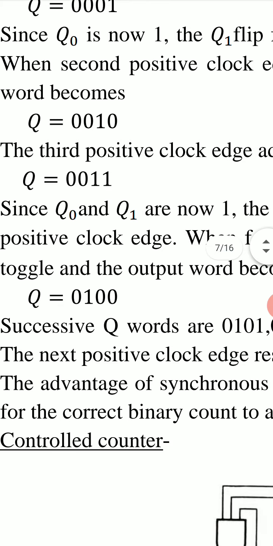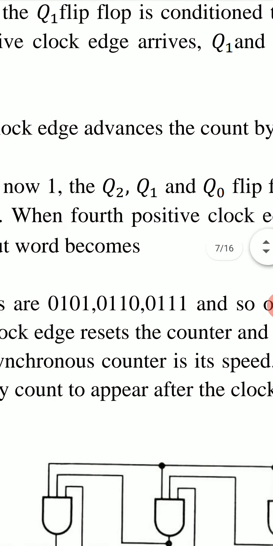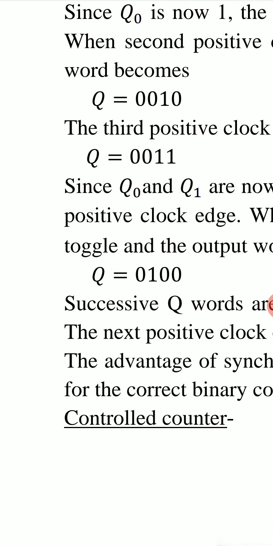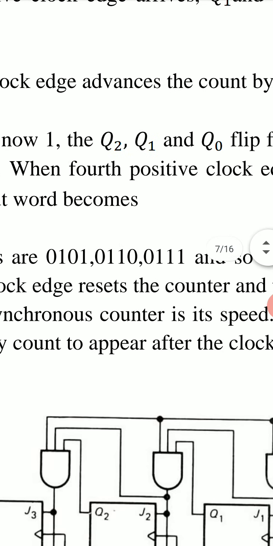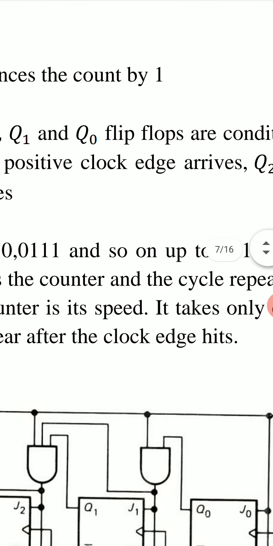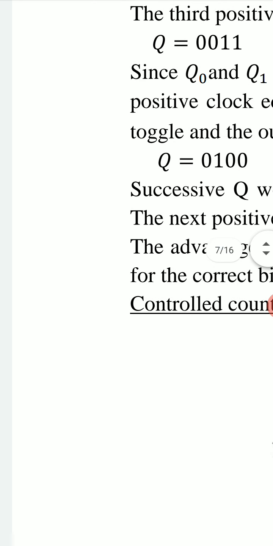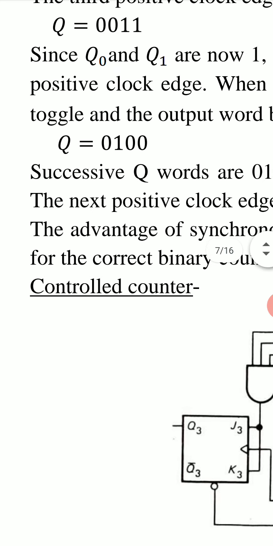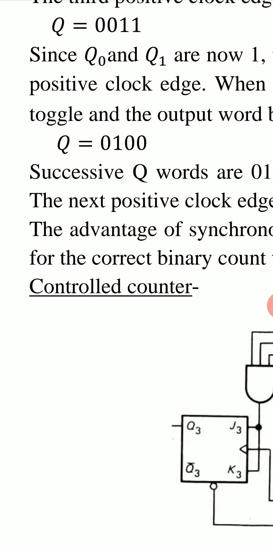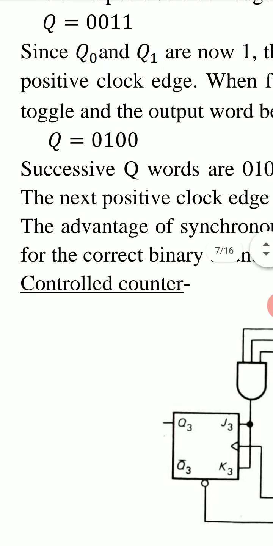The third positive clock edge advances the count by 1 and Q becomes 0, 0, 1, 1. Now since Q0 and Q1 both are 1, Q2 will now toggle, and the next positive clock edge will give Q equal to 0, 1, 0, 0.